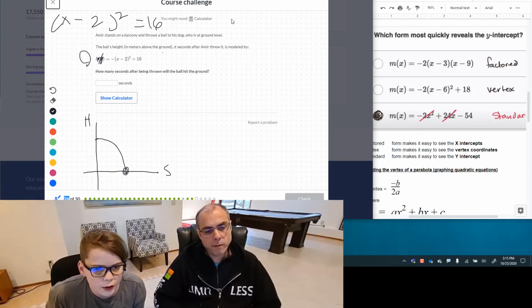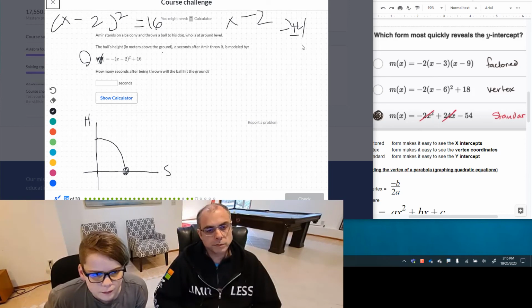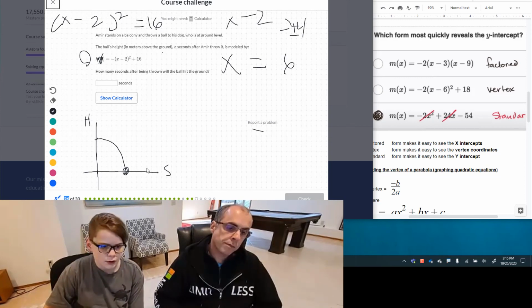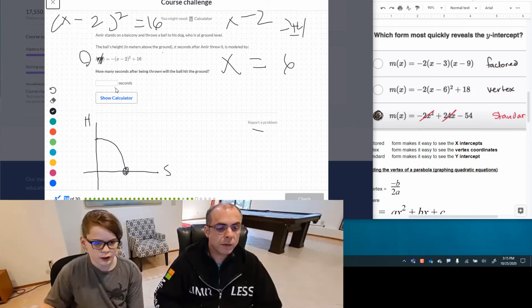So then that would be x minus 2 equals plus or minus 4. Then add 2 to each side, x equals, the bigger one would obviously be 6. So then it would be 6 seconds.